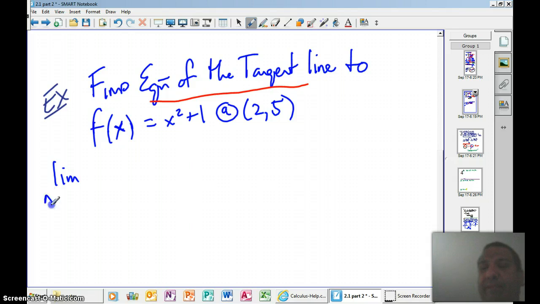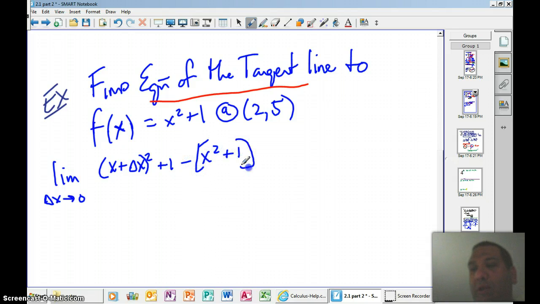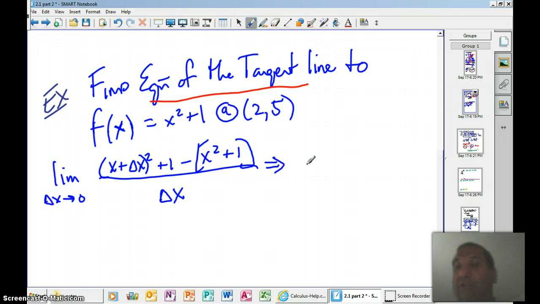The limit as delta x approaches 0 of x plus delta x, quantity squared, plus 1, minus x squared plus 1, all over delta x. I'm not going to do it because we've done this before, and the answer turns out to be 2x. So now I have to find the equation of the tangent line. That means a y and an x.